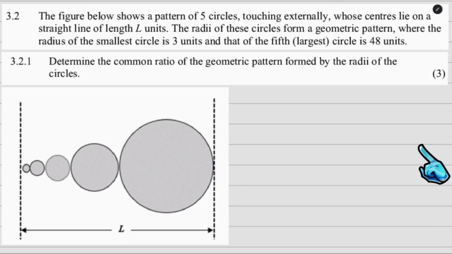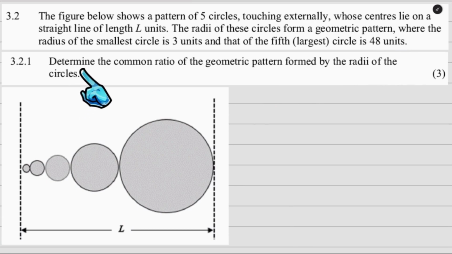Okay, 3.2, the figure below shows a pattern of 5 circles touching externally. Now we've got a big length over here, which is all our diameters added together. And we say that the radii of these circles form a geometric pattern, where the radius of the smallest circle is 3 units and the largest circle is 48 units.